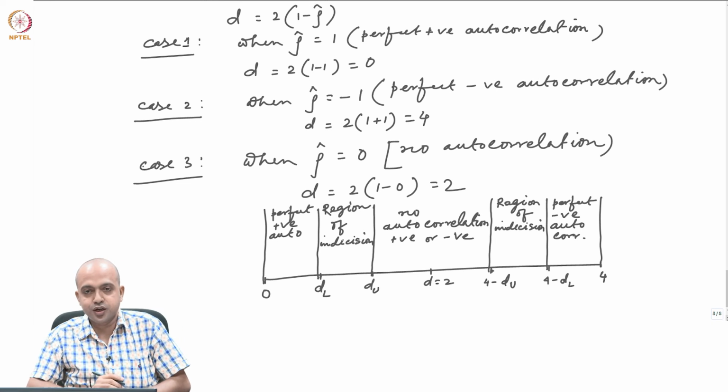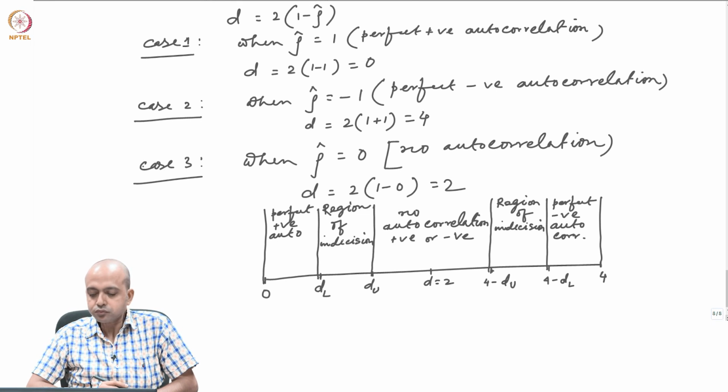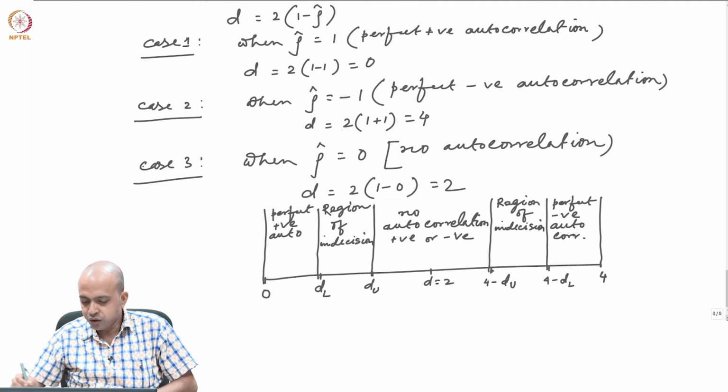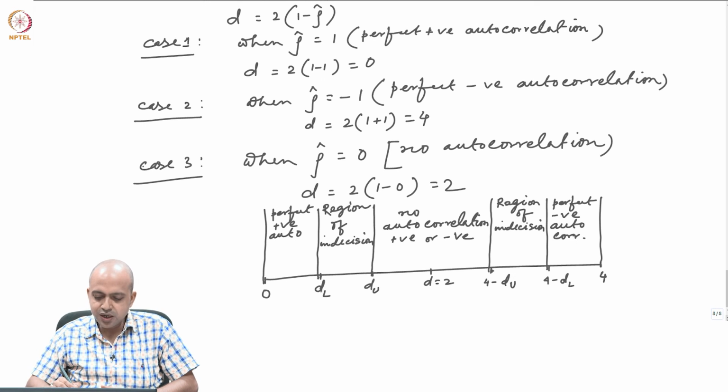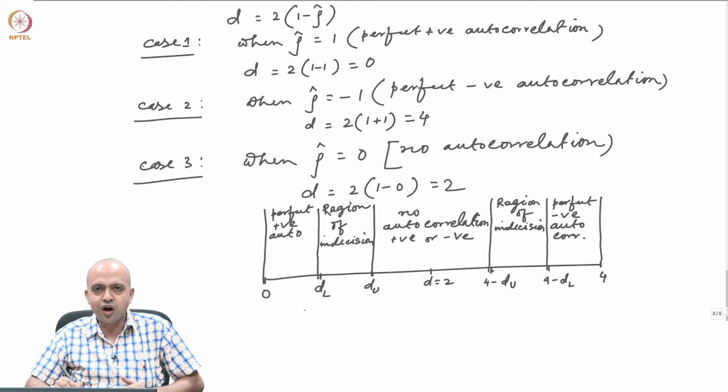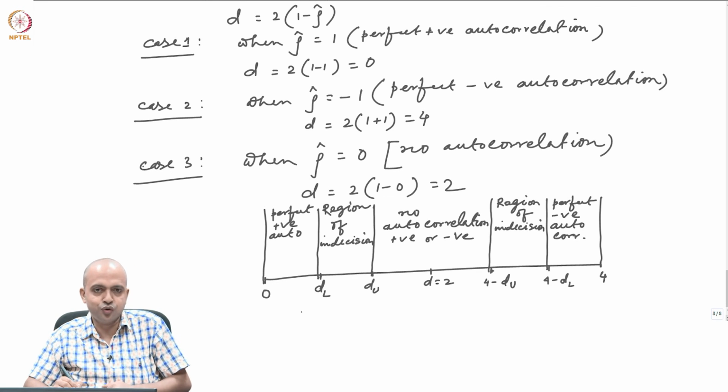I am not able to take any decision. Okay. But if you are here, less than DL, or in all other regions, let us say between 4 minus DU and 4 minus DL, then you can easily take your decision whether there is positive or negative autocorrelation. So, this DL you can think of as a tolerance, how much you can tolerate for autocorrelation.